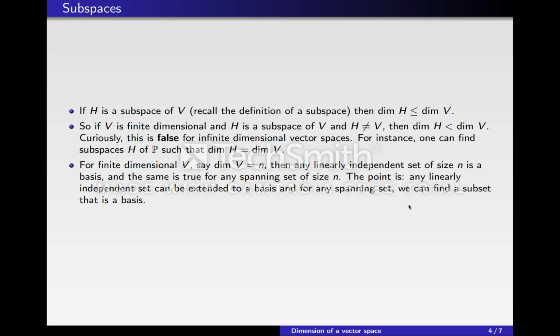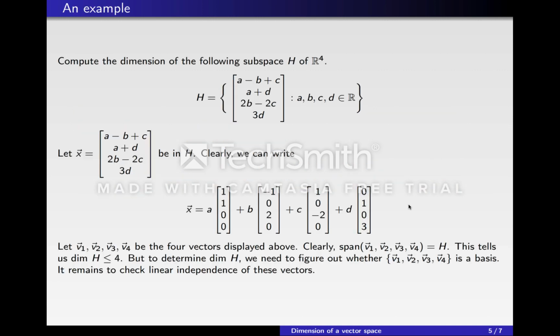And if you have any spanning set, you can take off vectors until you get a linearly independent set, until you get a basis. So this is what we did before. Let's look at an example.